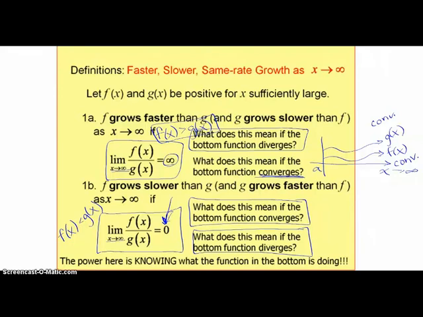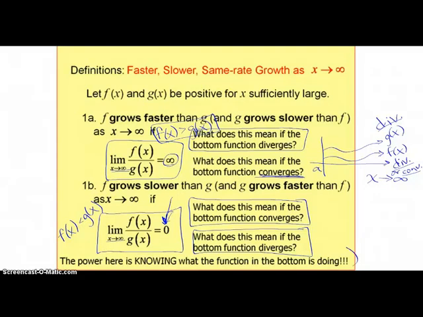Well, if g of x diverges and f of x is smaller, f of x could do anything. F of x could go ahead and converge, or it could diverge. We can have a relationship where one divergent function is bigger in the plane than another divergent function, but f of x could go ahead and converge. So this result would not be helpful to us.